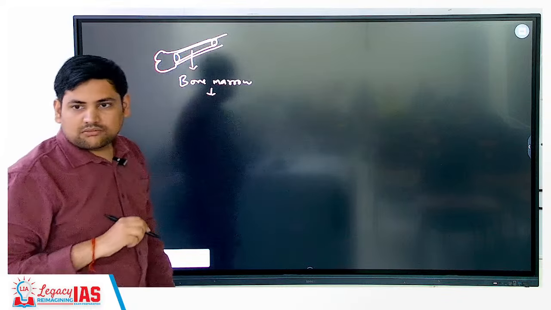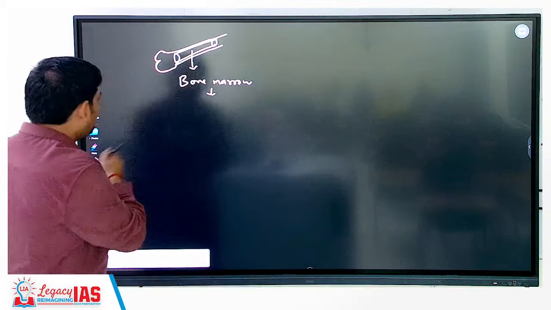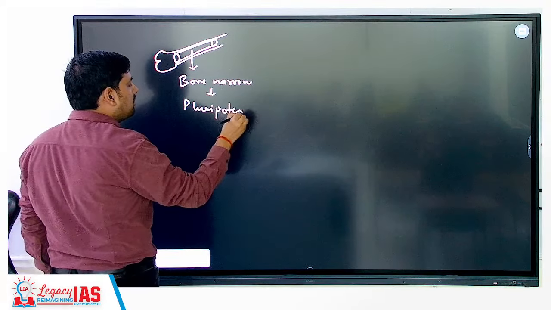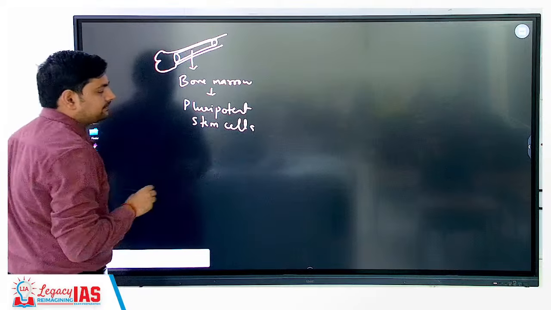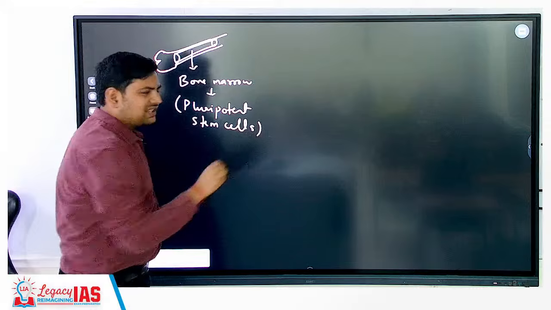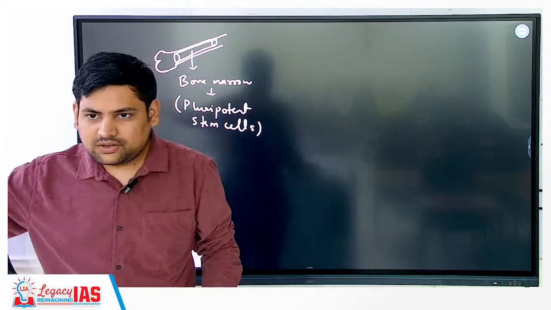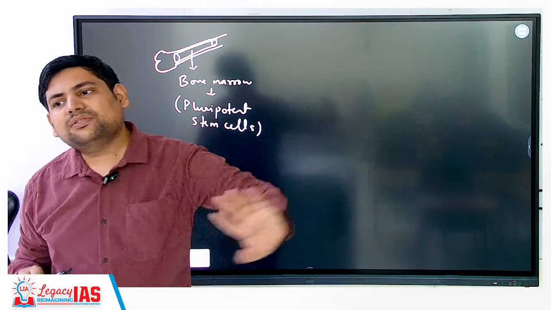Why important? Because they produce a lot of different kinds of stem cells. Now they make pluripotent stem cells. Now stem cells are the cells which generate other cells. Not every cell can divide into different cells and form new cells.